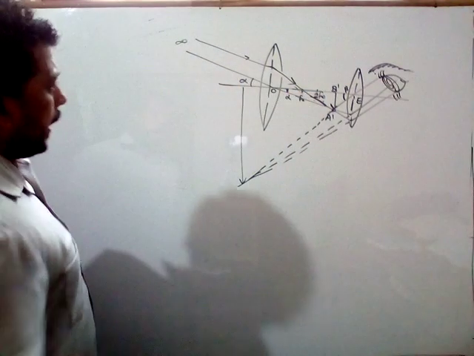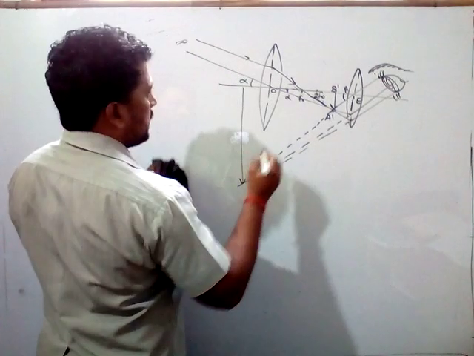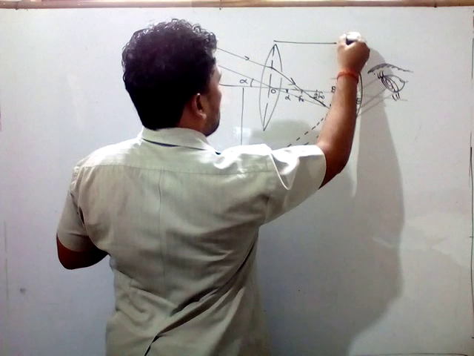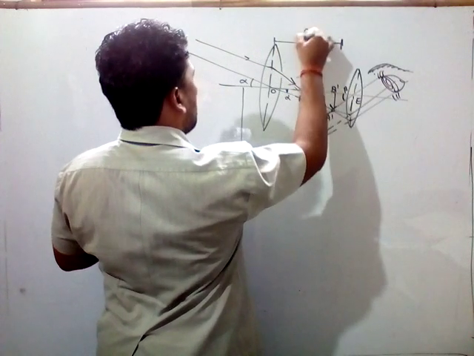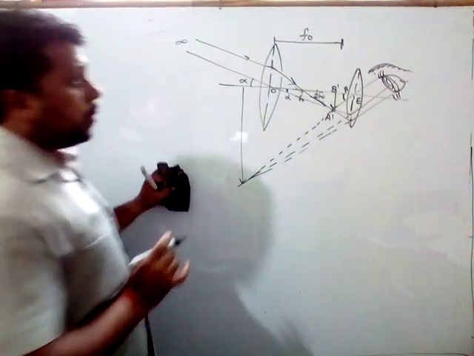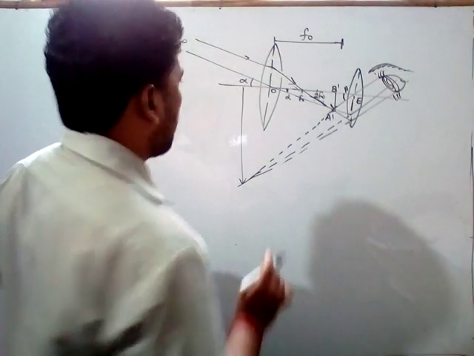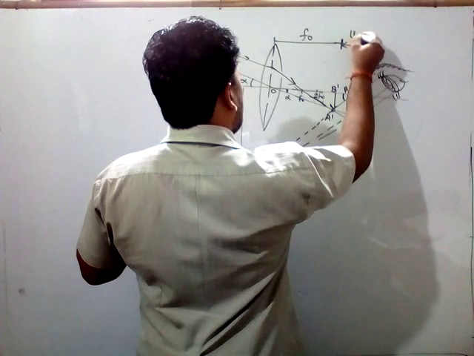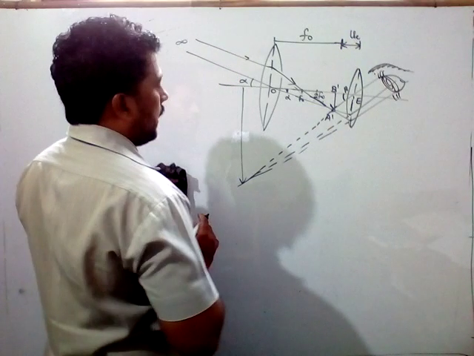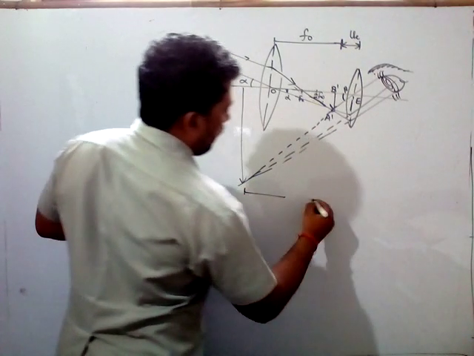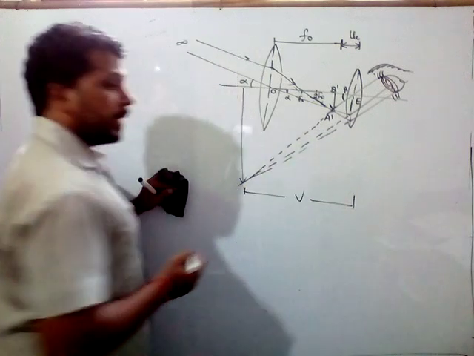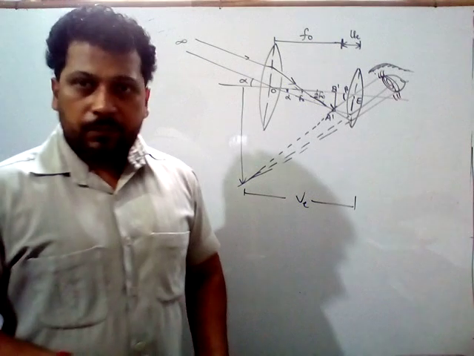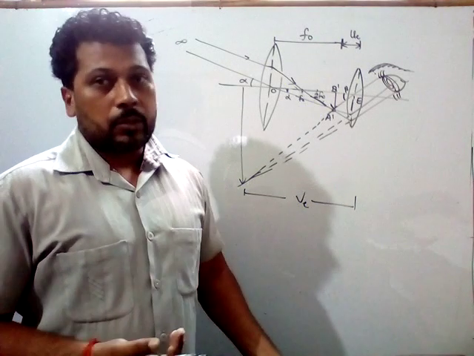This is the focal length FO, and this is the objective lens distance UE, and its image may be formed at V, which may be equal to D, or it may be equal to infinity.